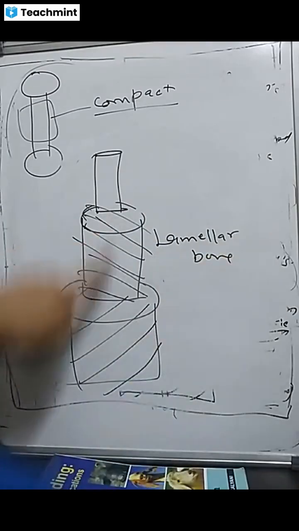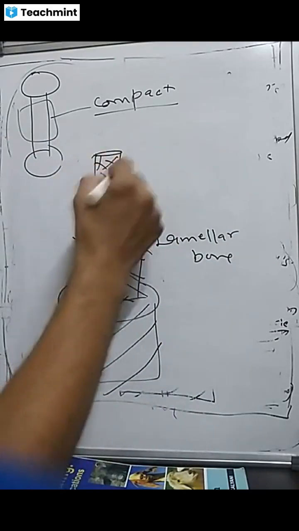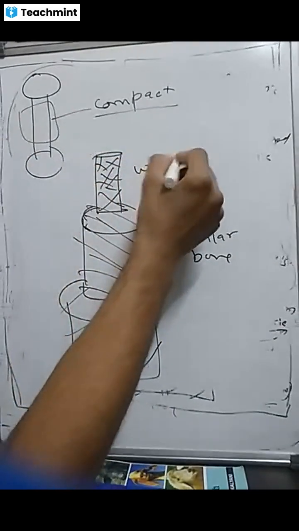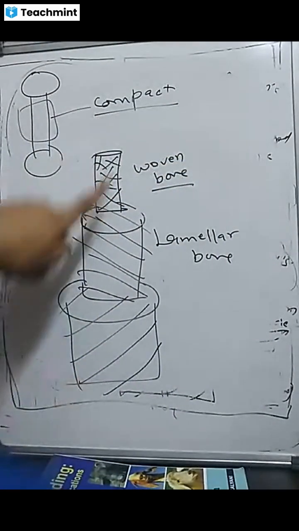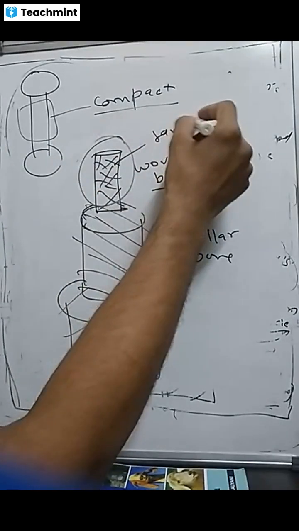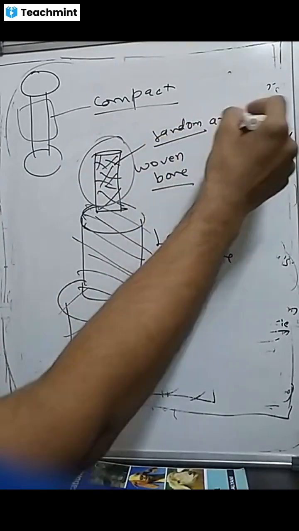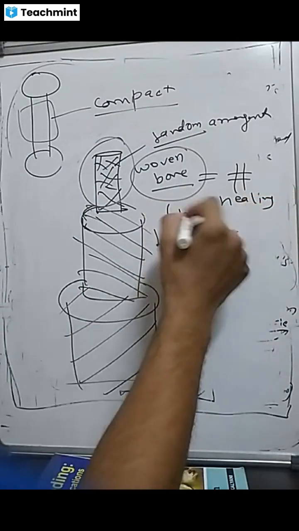If the collagen fibers in one lamella are arranged randomly, then it is called woven bone. Still, it is compact because of this collagen fiber. Woven bone is what forms at the time of fracture repair.